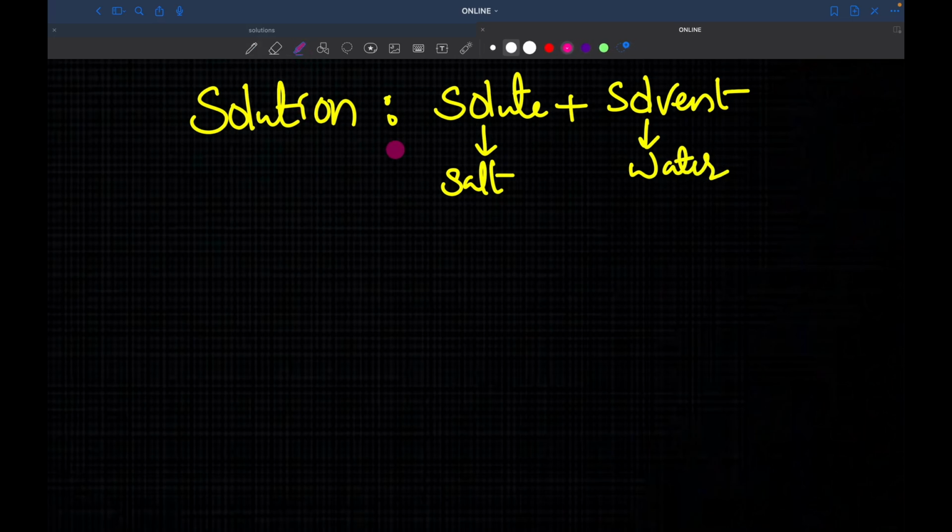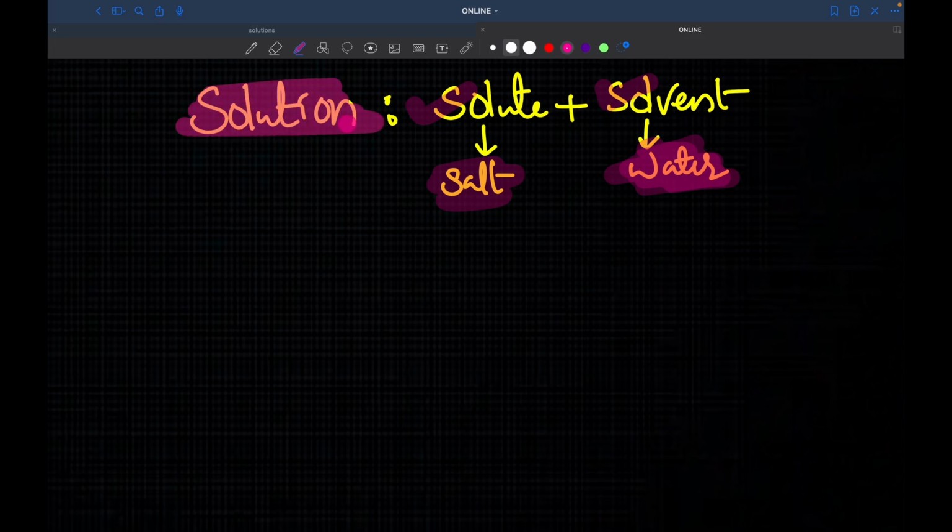The component which is present in lesser quantity is called the solute and the larger quantity is known as the solvent. Now the definition changes. The solution is the mixture of a solute and a solvent.